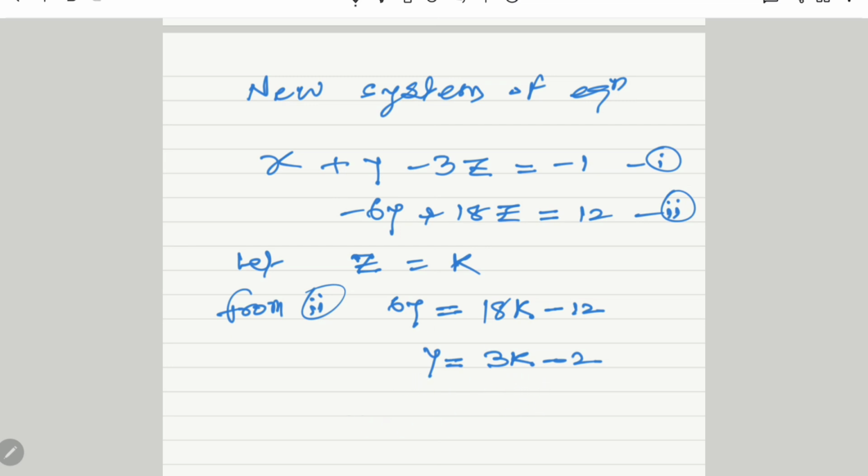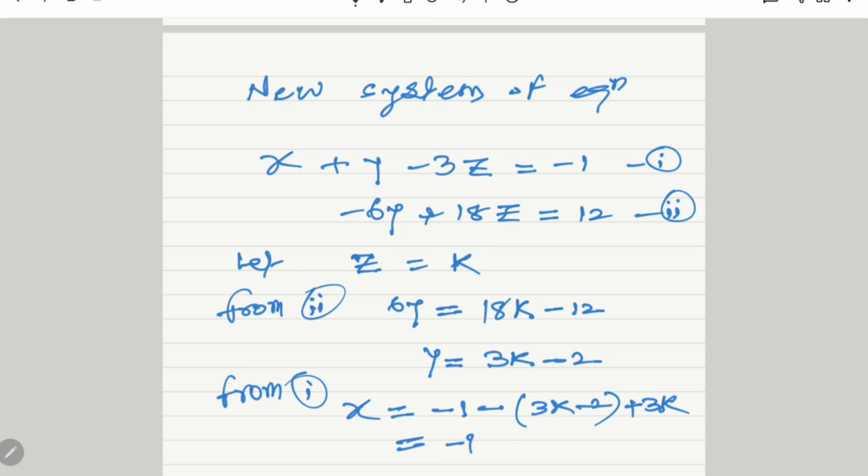Substituting these two values of z and y in equation 1, from 1 we get the value of x as minus 1 minus y. Y is 3k minus 2 and plus 3z if we transfer it to other side. Therefore, plus 3k. Simplifying it, we get minus 1 minus 3k plus 3k get cancelled. Minus and minus, it become plus 2.